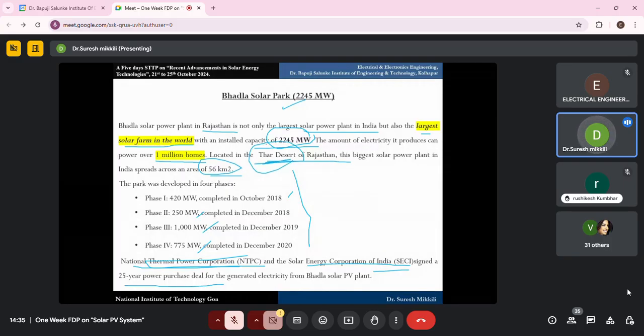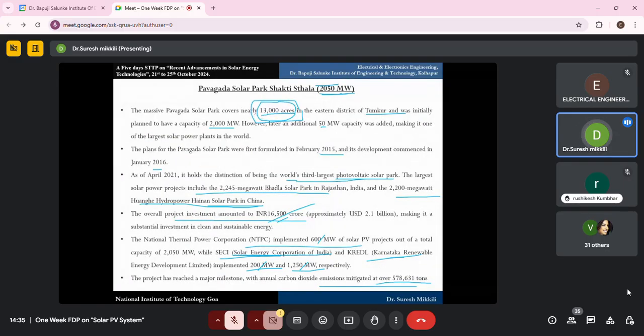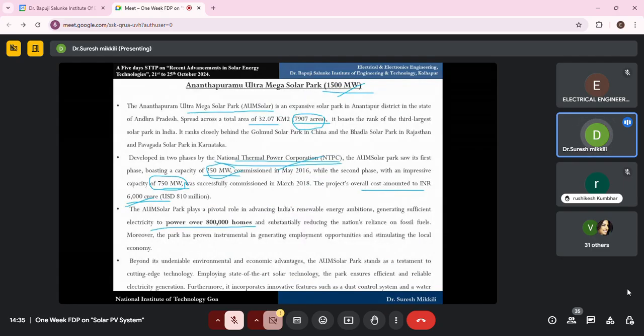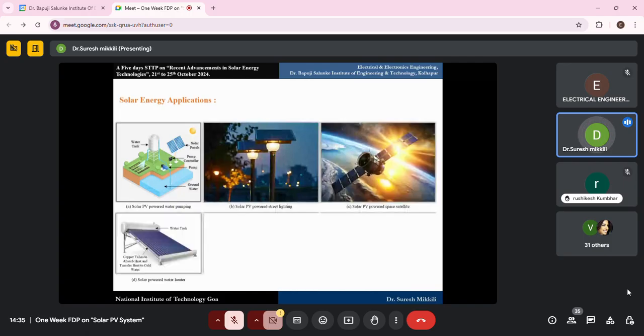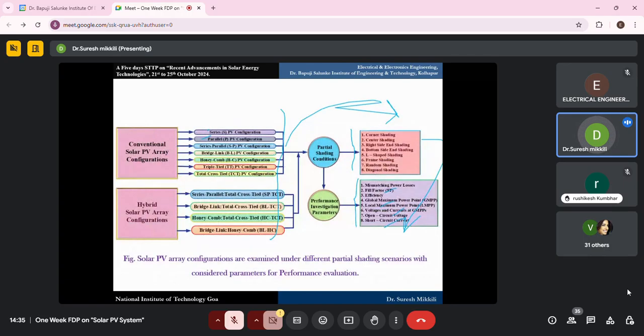So there you can't expect any shading. Where there is no shading, there people are extracting maximum power with the help of solar farms. Even Pavagada is also nearby the deserts. Even Anantapuram, the 7,900 acres are in the desert only. Okay, everywhere what they considered is mostly nearby deserts, where there are no shading effects.